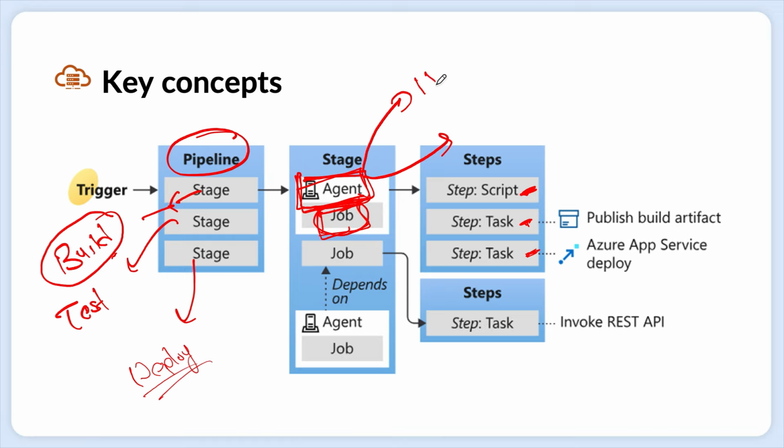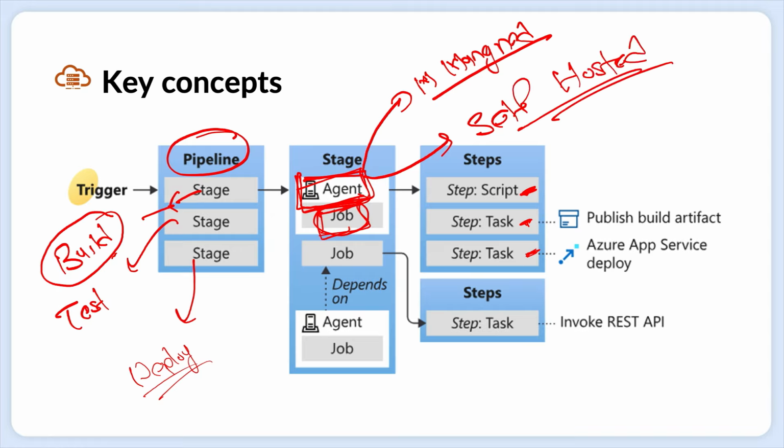This agent could be of two types. One is a Microsoft managed agent, another is a self hosted agent. Basically we need a virtual machine where this job needs to be run. In this job we have all these tasks, so either we can use an Azure managed agent or we can bring our own hosted agent.